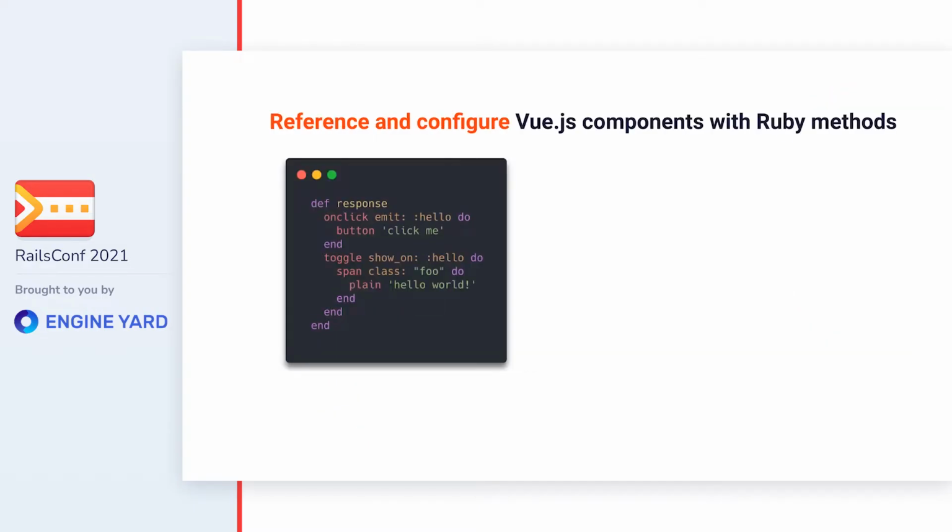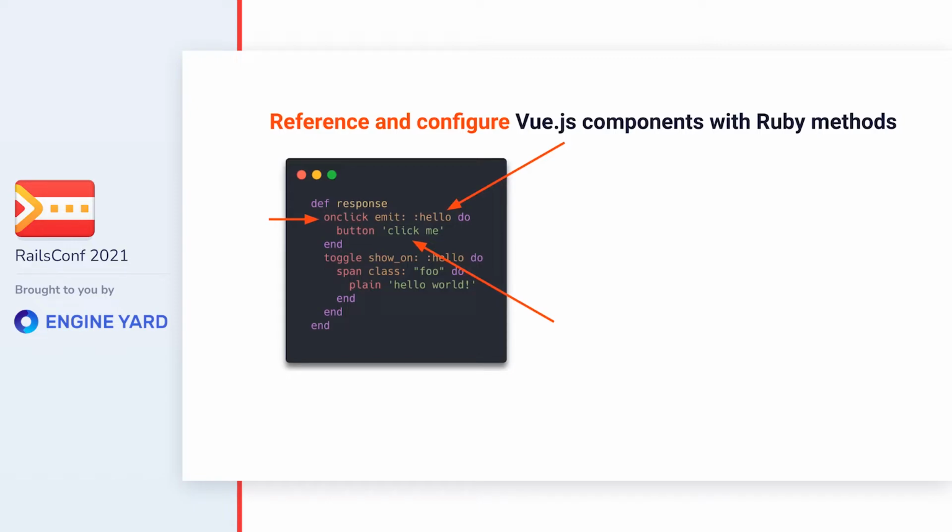Imagine the simple use case. You want to click somewhere on the UI and want to toggle the view state somewhere else on the UI. In MateStack, you would do something like that. You just call Ruby methods like onClick and toggle and pass in required options and a block.